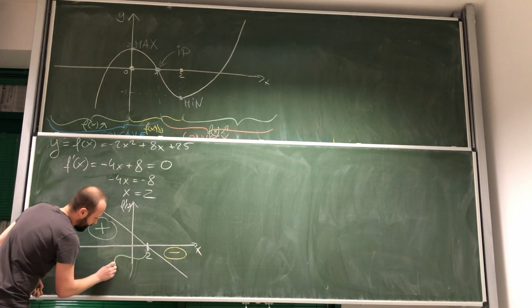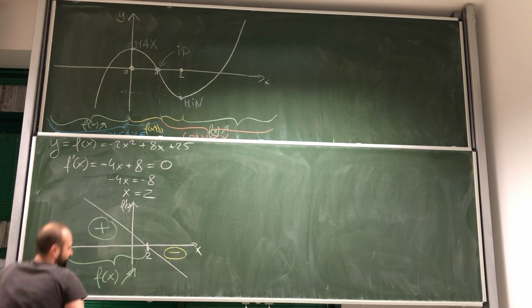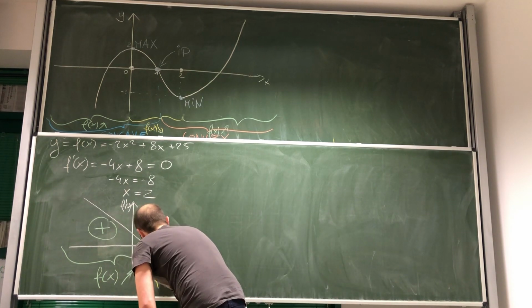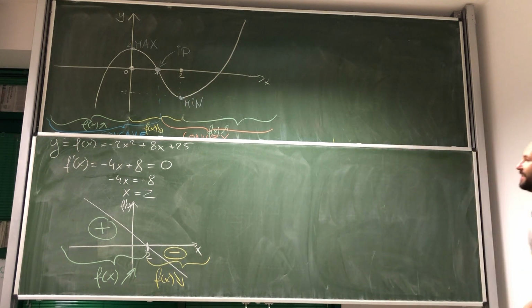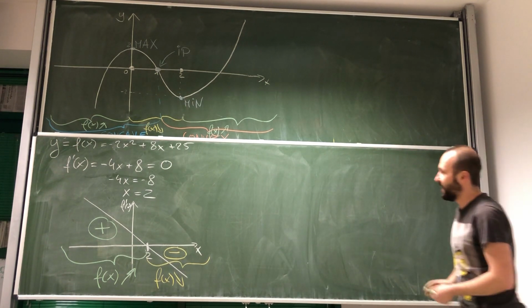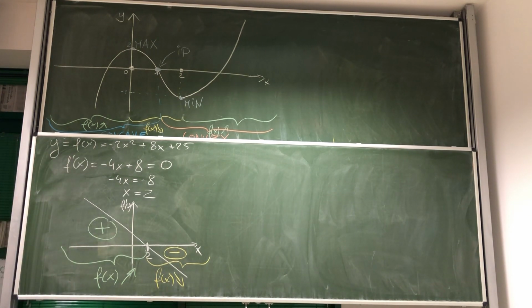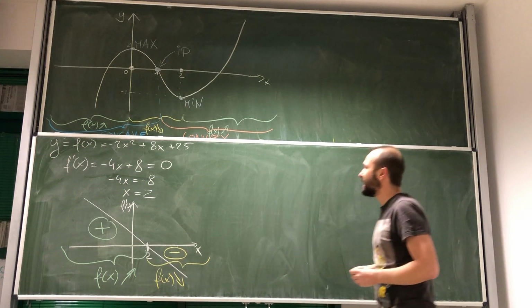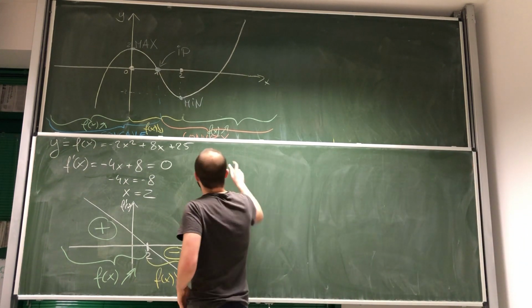Well, here the original function is increasing, while here the original function is decreasing. Okay, so we already know a lot, but let's now go to the second derivative to find out even more.